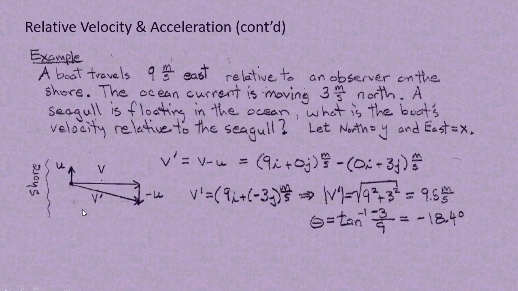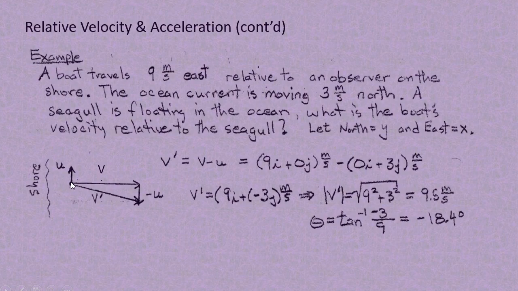Let's look at a vector diagram of the situation and make the connections with our previous example. So here we have the shore, and the observer on the shore is the stationary reference frame. The boat relative to that person's frame of reference is moving with a velocity v, which we know is 9 meters per second east, so that's in the positive x direction.